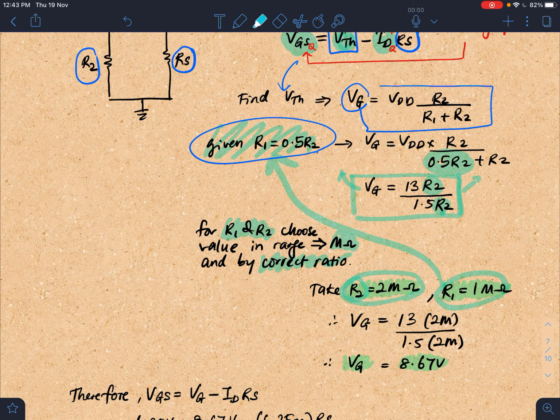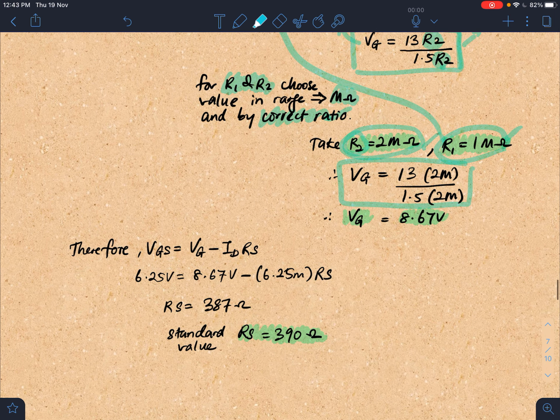When I insert these values into the Vg equation, I get Vg equal to 8.67 volt. Therefore we have this equation.